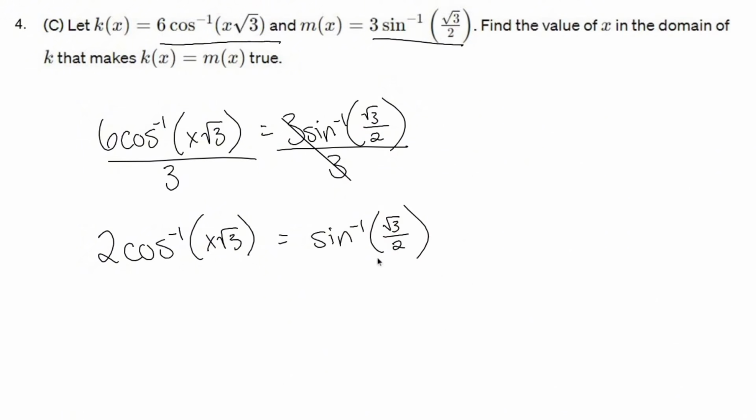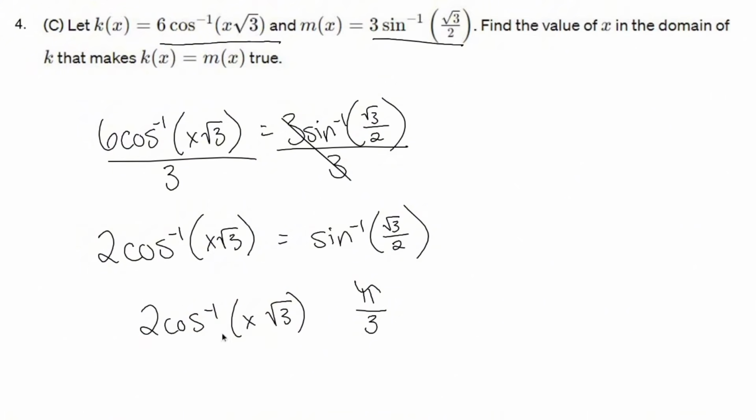Now, I know what the inverse sine of root 3 over 2 is. The inverse sine of root 3 over 2 is the y value on the unit circle. That gives me root 3 over 2, and that is pi over 3. So the right side becomes pi over 3. Okay? So I now have 2 times inverse cosine of x root 3 on the other side.